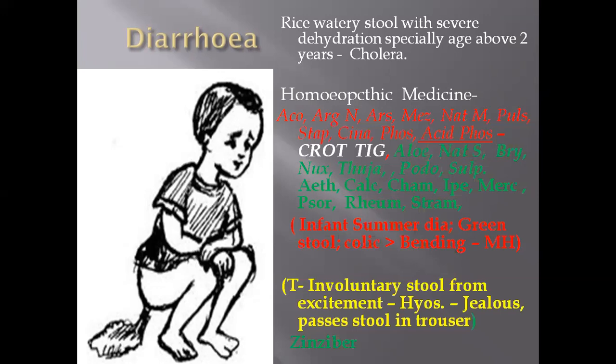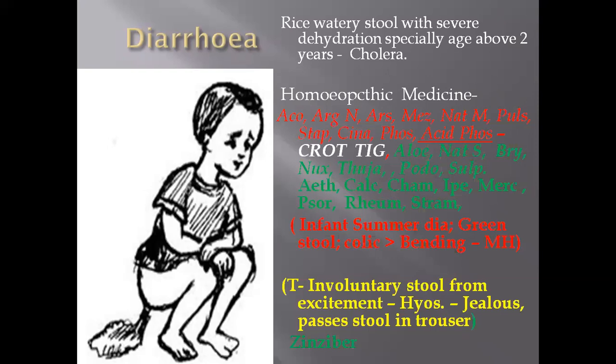If you remember this phrase, along with jelly-like mucus, you will be able to remember 90% of the symptoms of Aloe. For the students only, please remember these two phrases: lack of confidence in the sphincter ani, along with jelly-like mucus.